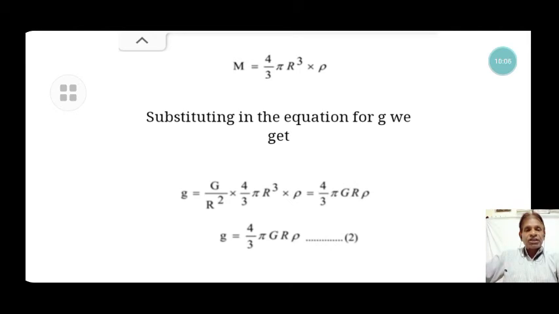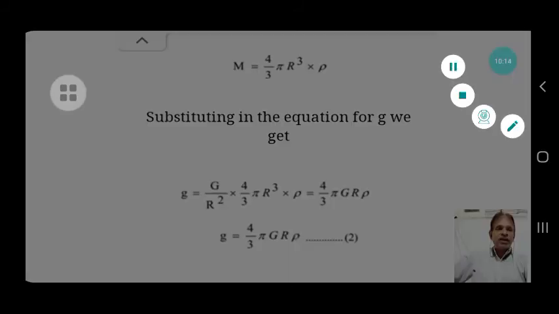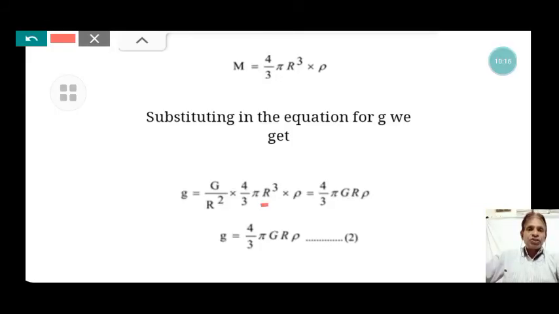Now G and R remain as they are, but M is substituted by the value 4 by 3 pi r cube into rho. The r cube and r square cancel, and G, 4 by 3 pi are constants, and we get g is equal to 4 by 3 pi G r rho. This is the acceleration due to gravity in terms of density, radius of the earth, and G. So g is equal to 4 by 3 pi G r rho. It is the second equation.